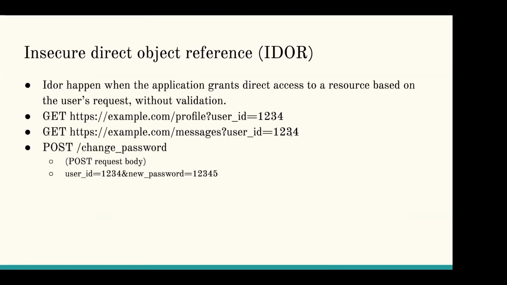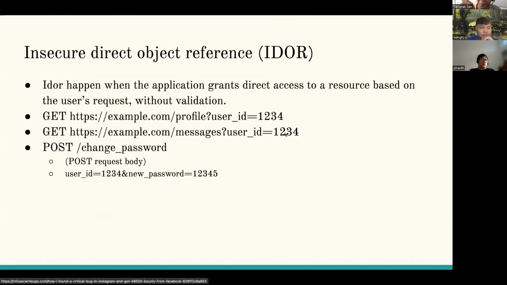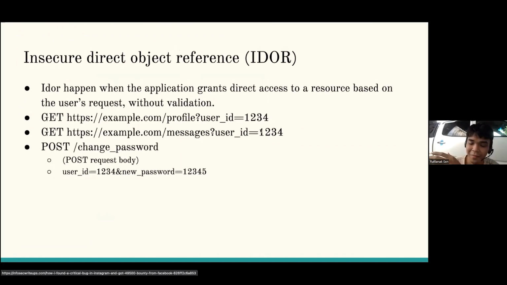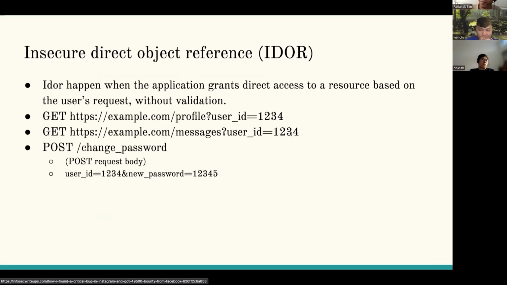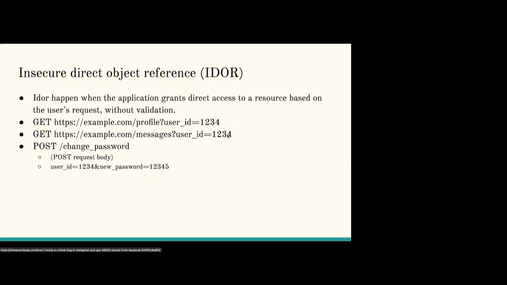So what the attacker can do is, what if they change it from 123? They might guess that if my current ID is 123, the ID of another user who registered after me might probably be 12345.